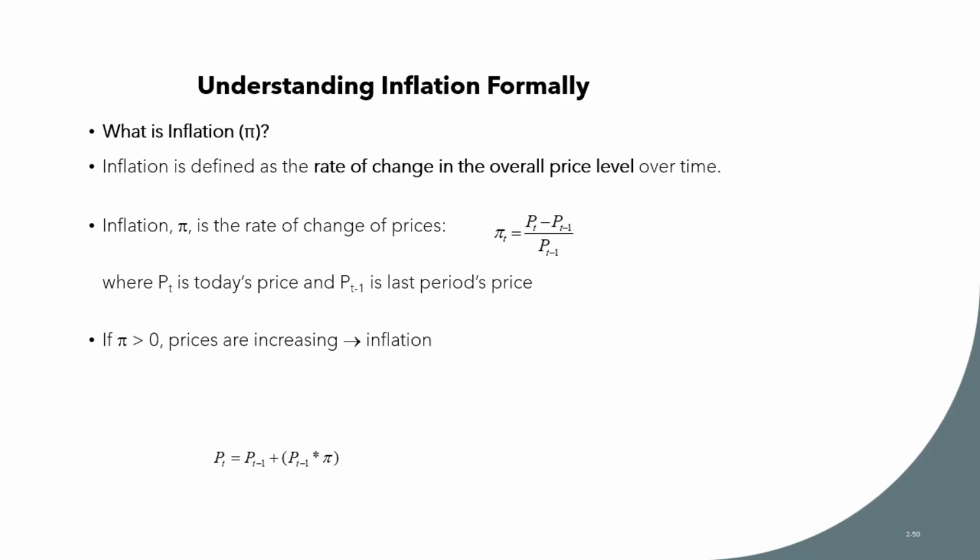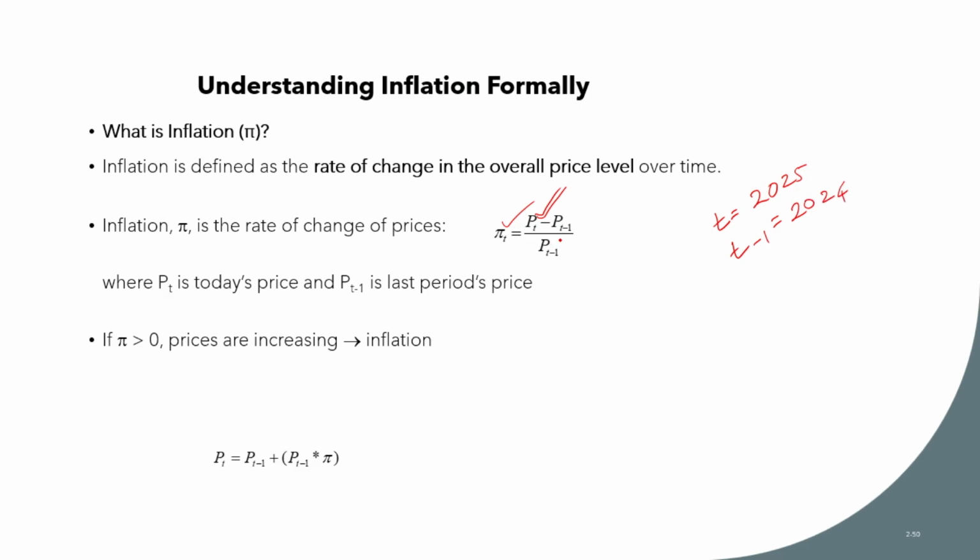For example, in this definition, P_t is today's price in the current year, and suppose we want to measure the price as compared to the previous year. Suppose t is period 2025, and P_{t-1} is equal to 2024.